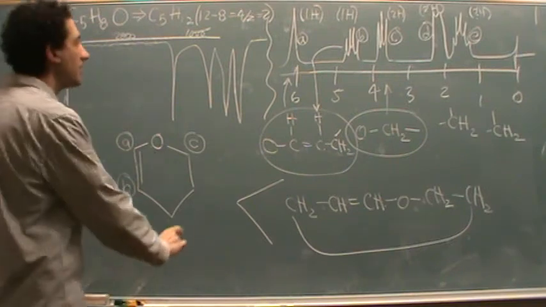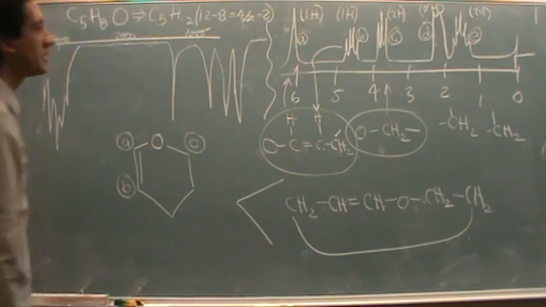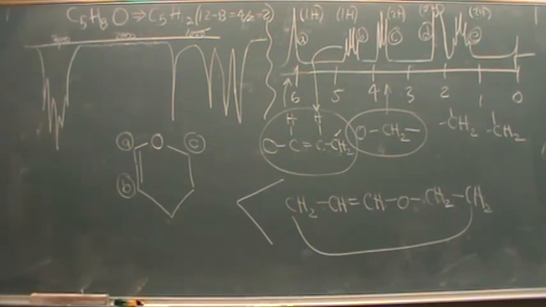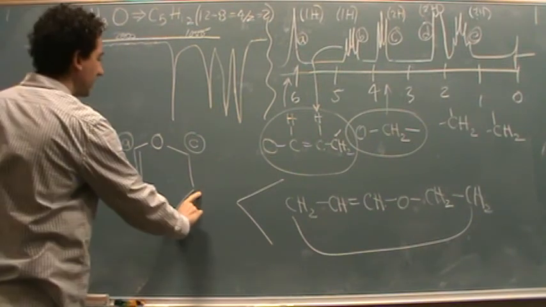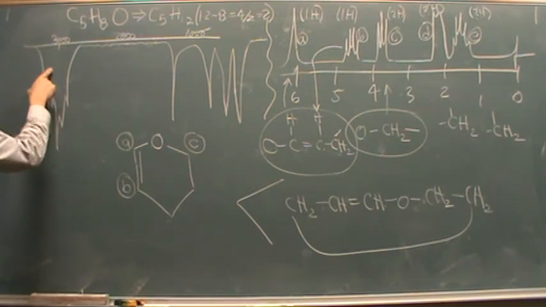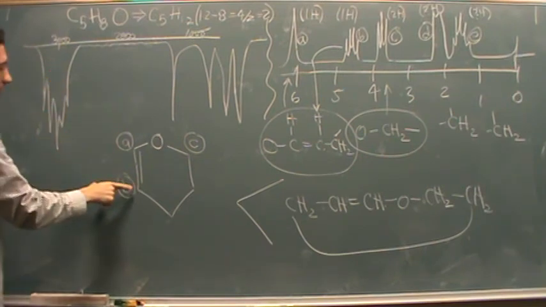And then D and E, I don't know if I'll be able to distinguish, but I think they're both right there. A little hard to tell which one is which, but one of these is D and one of them is E. Okay? Now let's go back to the IR spectrum. The double bond is on the left-hand side of 3000, higher than 3000.